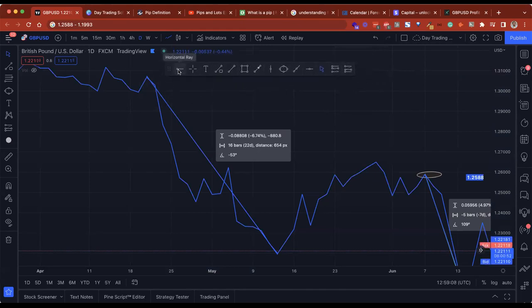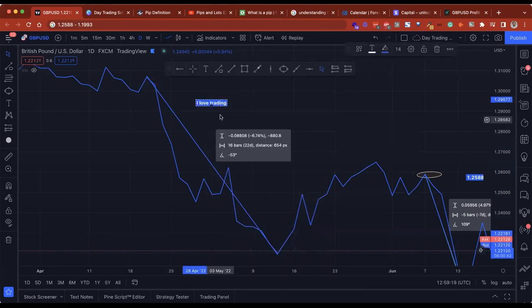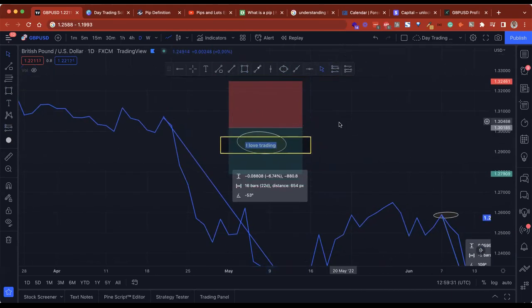So now I always have my favorite tools right here for me. If I want some text, it's just right here to say, I love trading, real quick, and it's right there. If I wanted to circle real quick, it's right there. If I want to do a square real quick, it's right there. Everything is right there for me in this very close area, okay?